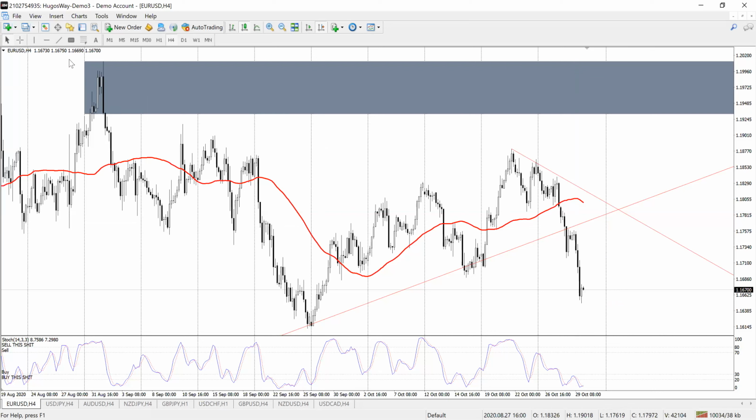But let's see if we can find some zones in here. Remember, we're looking for long wicks that can help us predict data.